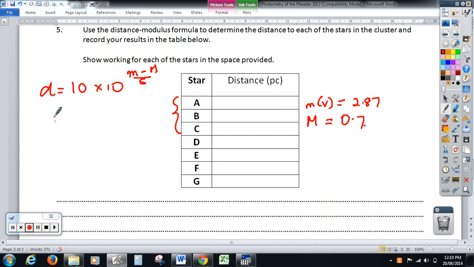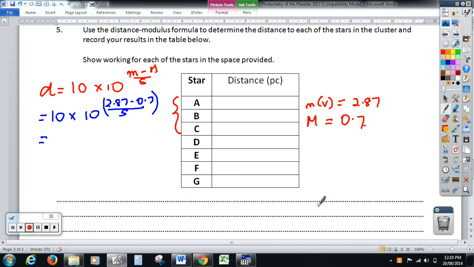Okay, so we can now calculate the distance in parsecs using this formula. So popping it in, that equals 10 times 10 to the (2.87 minus 0.7) all over 5. Now that's got to be calculated first, and we just use our calculator.